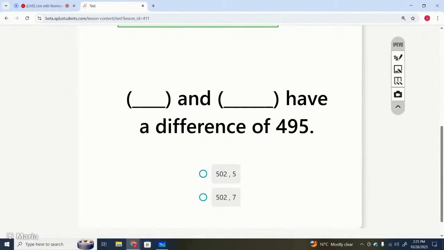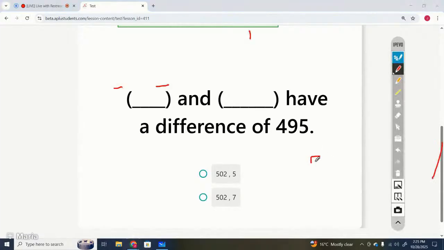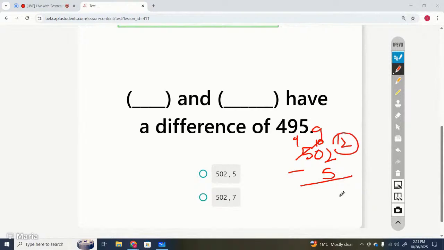Start with the first one. 502 minus 5. You need to borrow one. Here we have 0, so we get 1 from here. Now you can borrow. We have 9 and 12. 12 take away 5 is 7. We have 9 and 4. So the difference must be 495. The correct option. Try the second one.